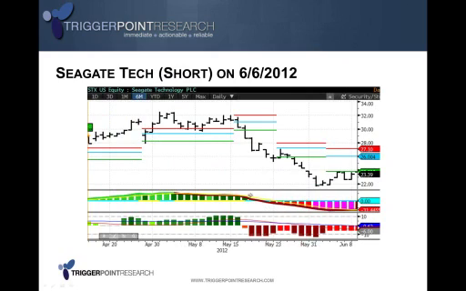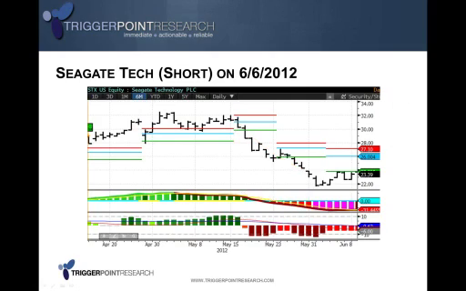Okay? We had a breakdown below support, and it went very nicely on a nice line. Everything was setting up. All the indicators were turning, to the point of, hey, this is not a good place to be. You have to get out of this, move on. Okay, now what happened?